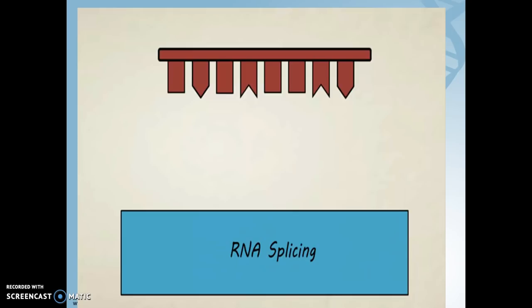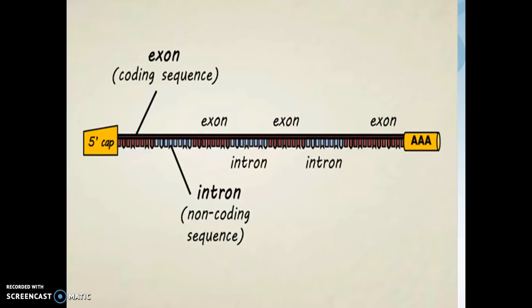There are some enzymes which can degrade the pre-mRNA. So for that, the messenger RNA attaches a 5' cap to its 5' region, and to the other end it attaches a poly-A tail.